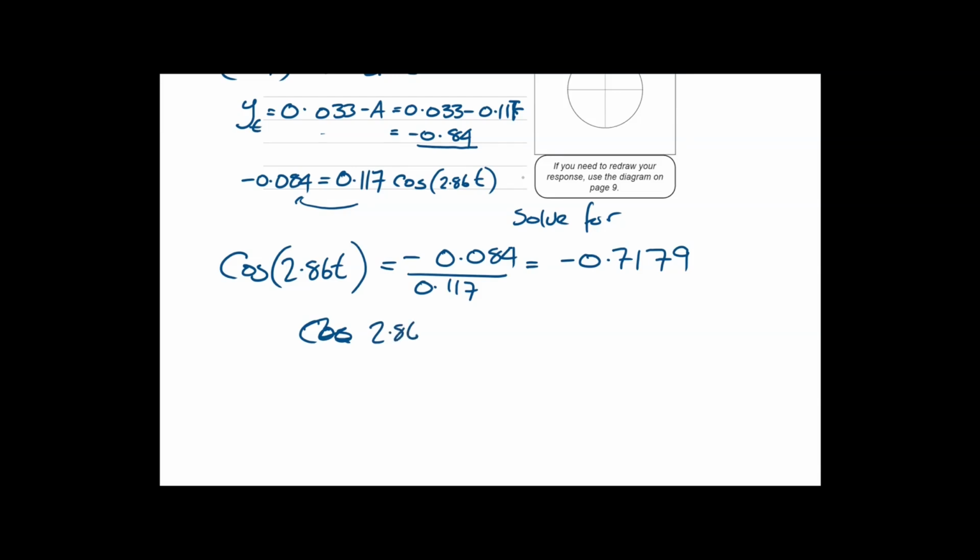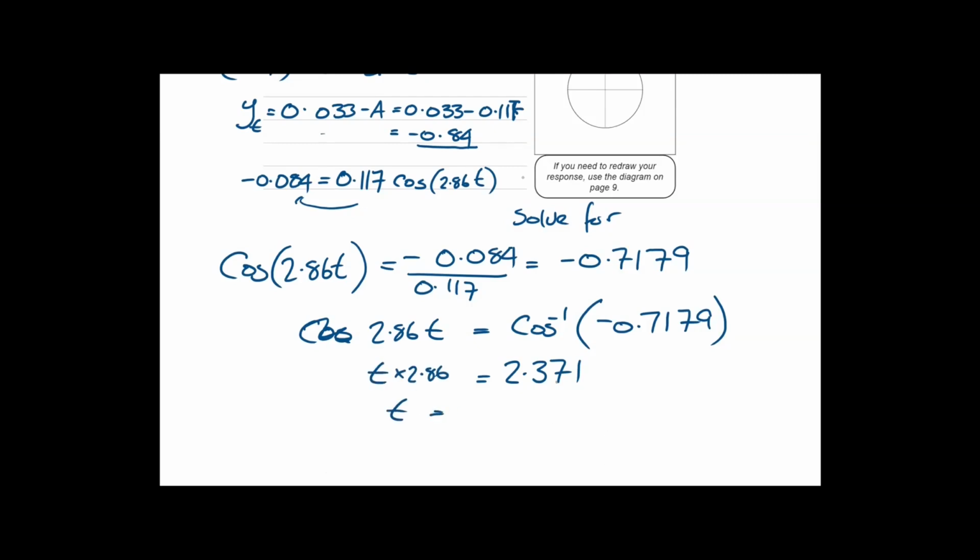So cos, let's get rid of the cos. So 2.86t is going to be equal to cos^-1 of that number. Okay. And that gets, on my calculator that I've got here, 2.371. So therefore t must be that number divided by 2.86 if they're going to cancel.